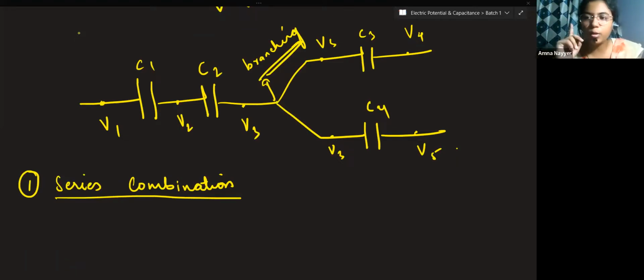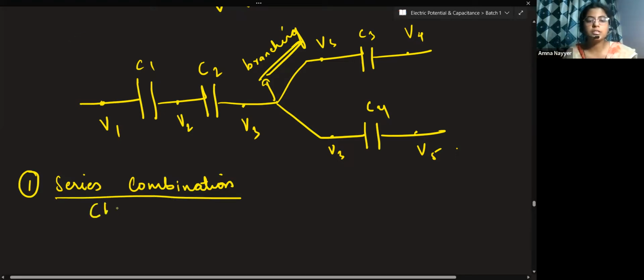One thing that you have to remember in series combination and parallel combination will make your work easier for calculating the entire equivalent capacitance. In series combination, the quantity that remains the same is charge. So remember, in series combination, charge remains the same.